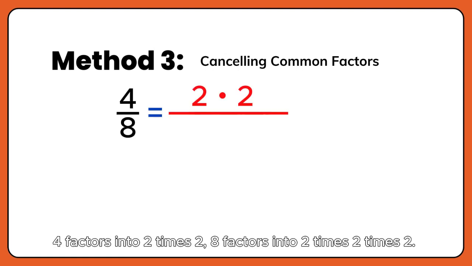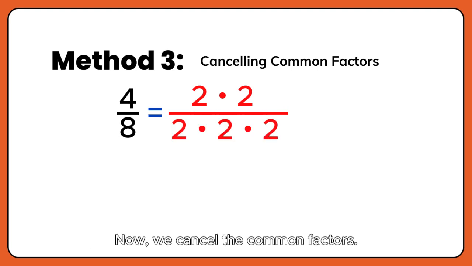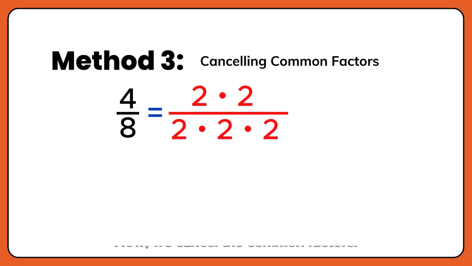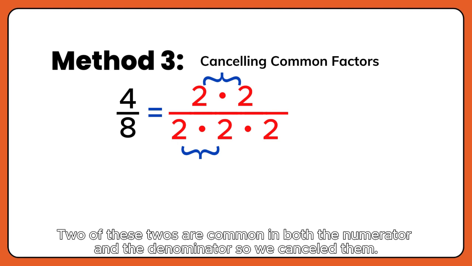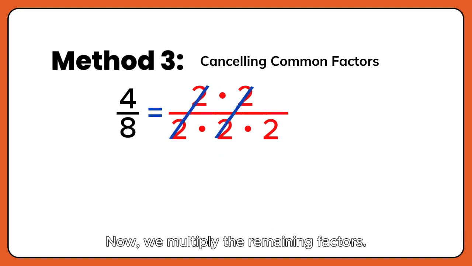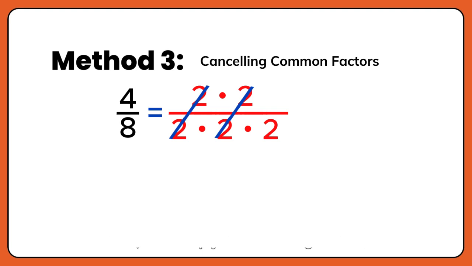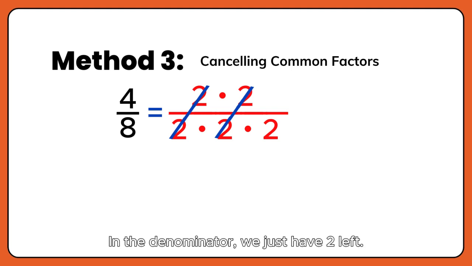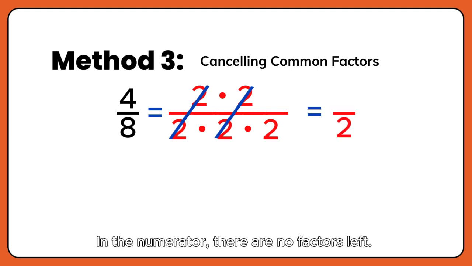4 factors into 2 times 2, 8 factors into 2 times 2 times 2. Now we cancel the common factors. Two of these 2's are common in both the numerator and the denominator, so we cancel them. Now we multiply the remaining factors. In the denominator, we just have 2 left. In the numerator, there are no factors left.